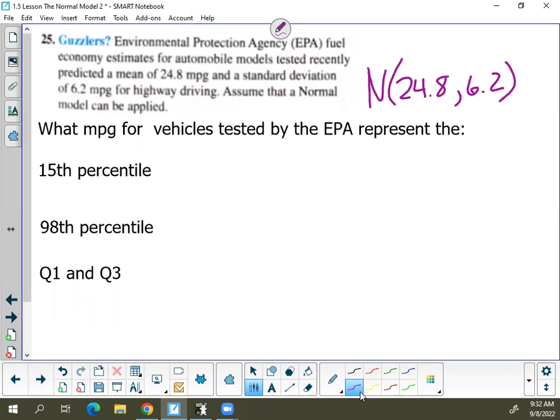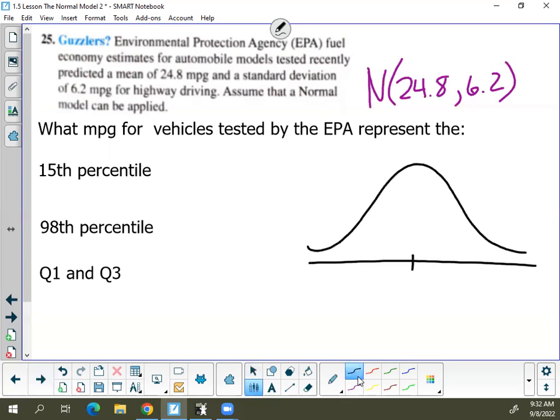And so that looked something like this. It's always good to draw. Mine are not the best, but it's good to at least draw the curve and put your mean on there at the very least. You could put your 3 standard deviations above and below if you'd like to. You might find that this is equally as helpful and takes a little less time.